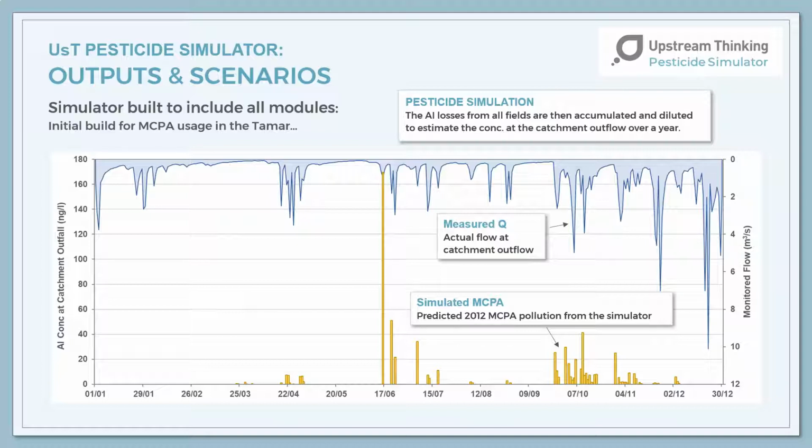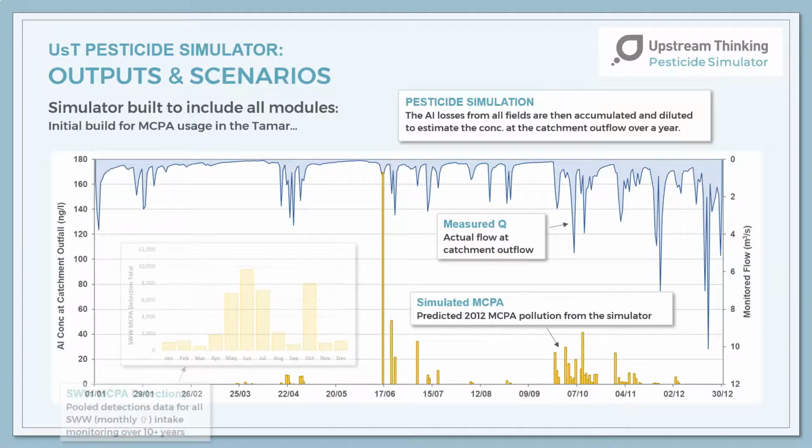And you can see that as the rainfall and flow response, shown in blue, responds in the river, you can see corresponding spikes of pesticides, in this case MCPA, also coming through in flushes in the system.